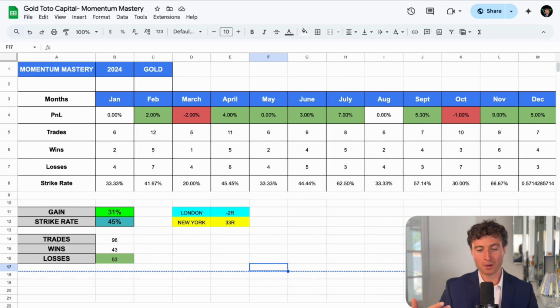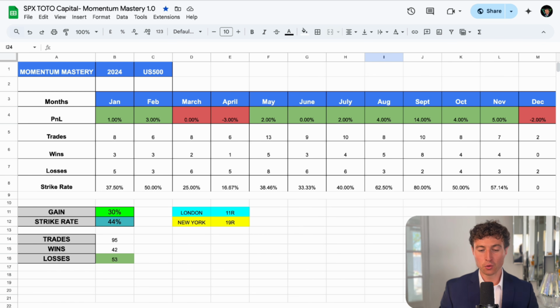So this right here is my gold 2024 backtesting data. Across the year using 1% risk, this returned 31% on gold with a strike rate of just under 50%. You can see that some months were pretty good, some months were okay, and some months were slight losing months. But I'm here to tell you that this is the reality of trading.